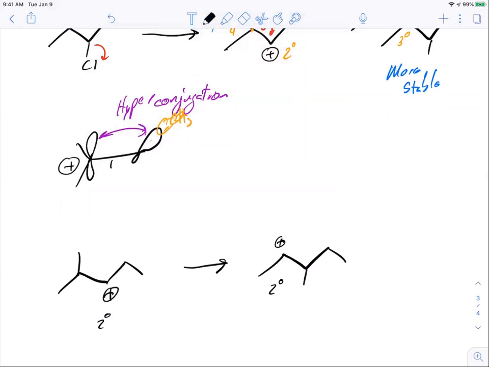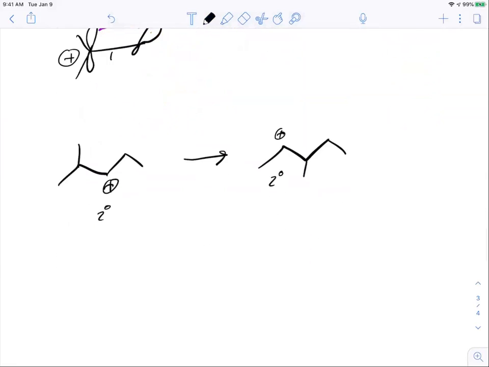No. If I had the possibility of going from a secondary to a quaternary, and that's the most obvious one, then what's happening is I'm going from a secondary to a tertiary. So there's going to be stabilization there, and that's probably going to happen.